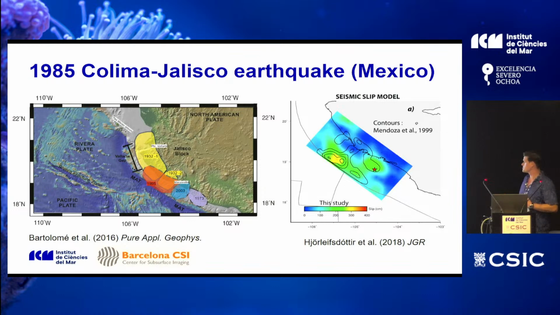Now, for the reasons for such large slip in the shallowmost part of the fault, some ideas have been speculated, but the problem is that no images of the margin were available before, so nobody knew the mechanism behind this tsunamigenic event.